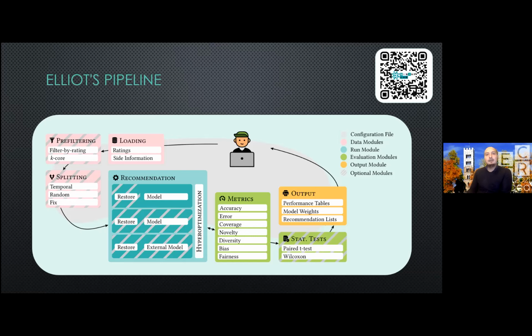So we save all this information, but we can also save the model weights, so that at a certain point we can decide to rerun or to continue the learning. What's more, we save the best hyperparameters for each model and the statistical tests, and in the end we also save the recommendation files that could be useful to implement further metrics.